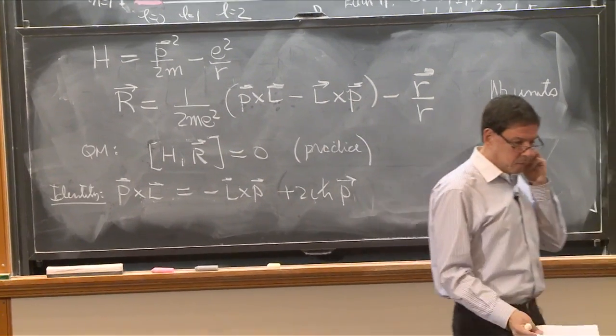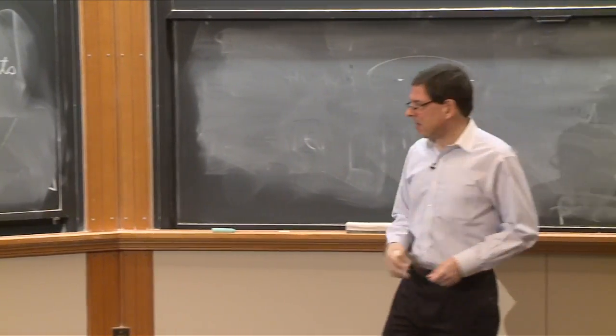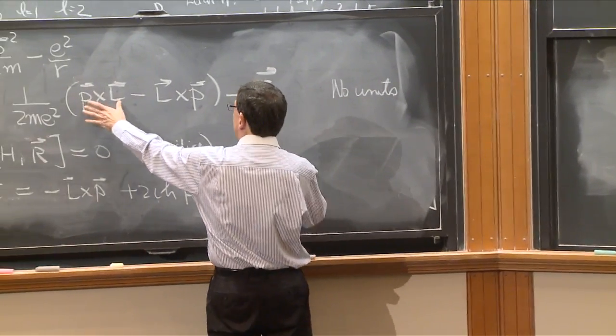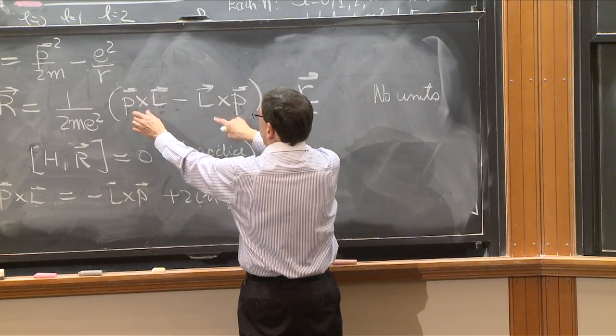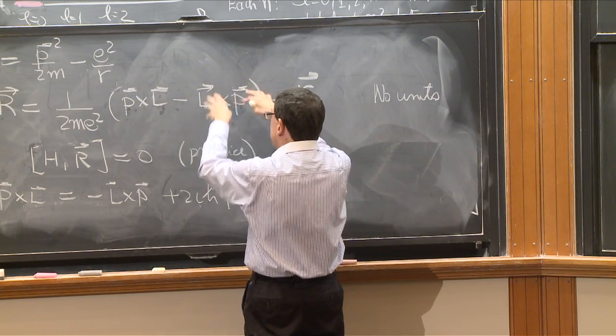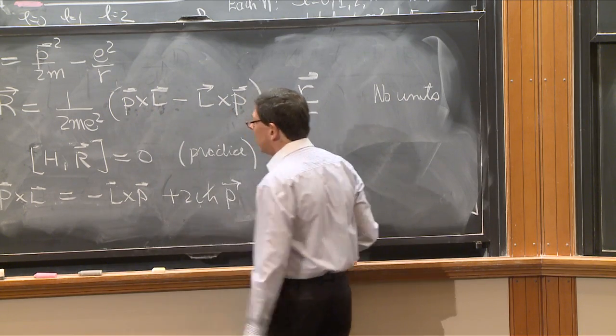And this identity helps you write this kind of term in a way in which you have just one order of products and a little extra term rather than having two complicated terms.